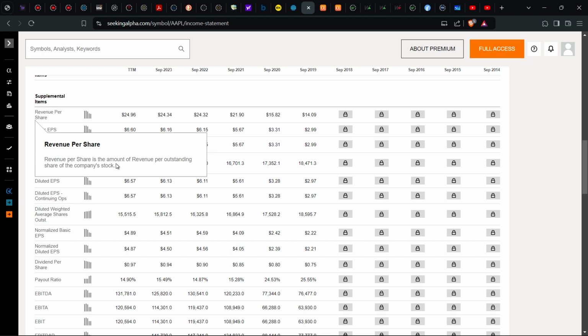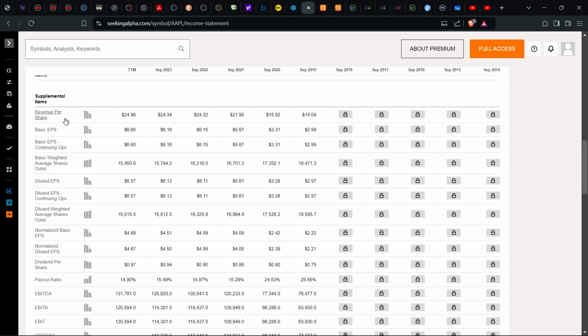Remember when I was discussing the balance sheet, I talked about share buybacks that some companies do, like Apple has been doing for quite a while now. That reducing of the number of outstanding shares is actually what helps such metrics boost.